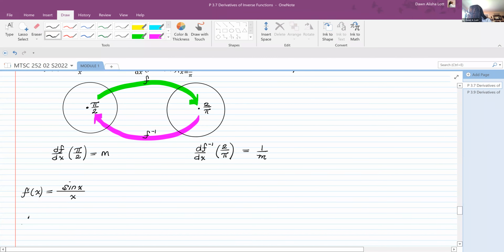So we need to find f prime of x. I will give you a minute to find f prime of x, and then I'd like somebody to volunteer to tell me what the derivative is. Is this the quotient rule? Yes, it is. That will be the quotient rule.